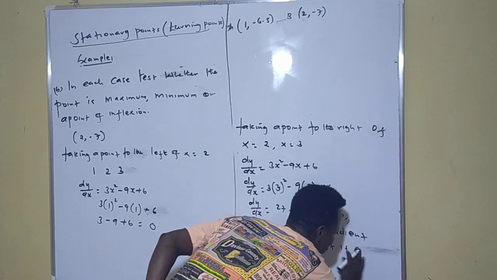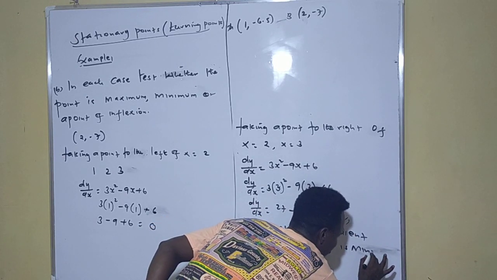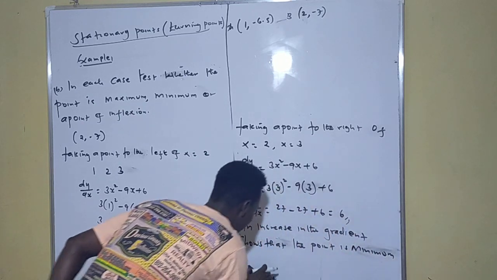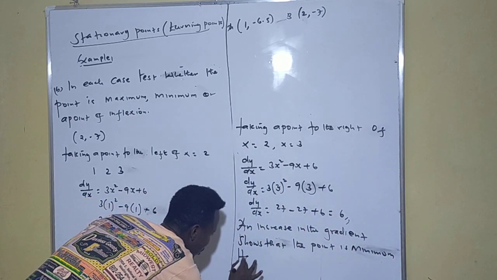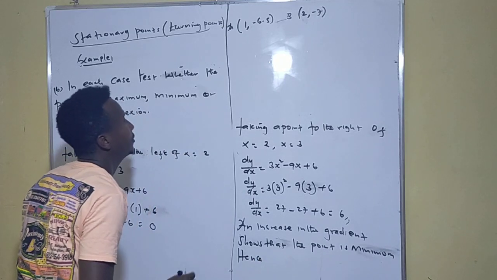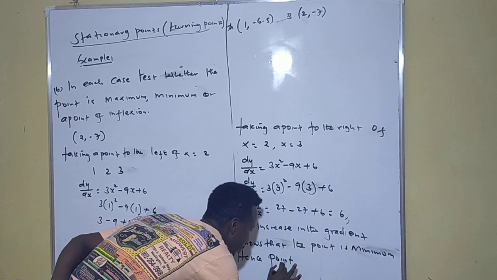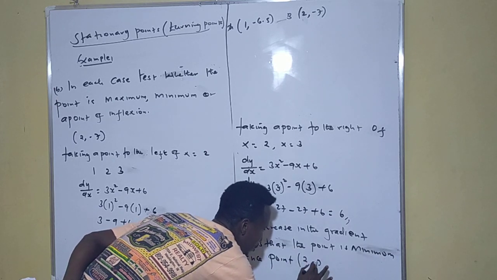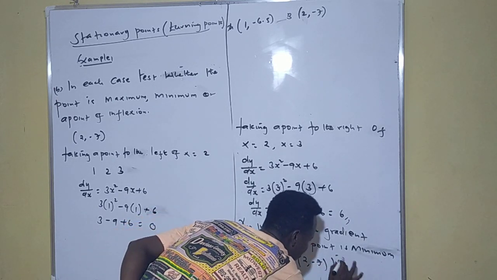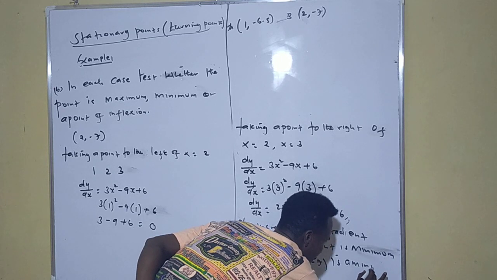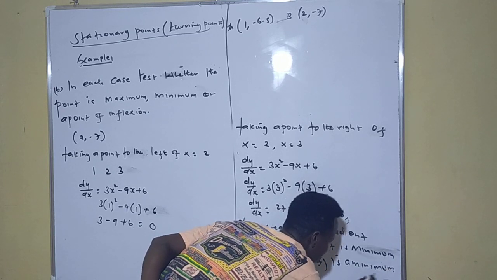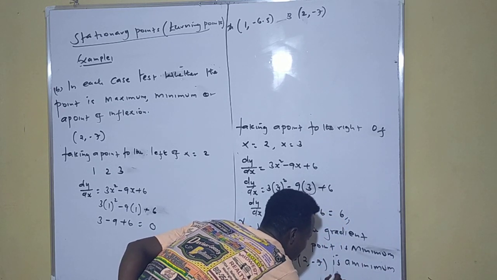Hence, we are going to say the point 2, negative 7 is a minimum point.